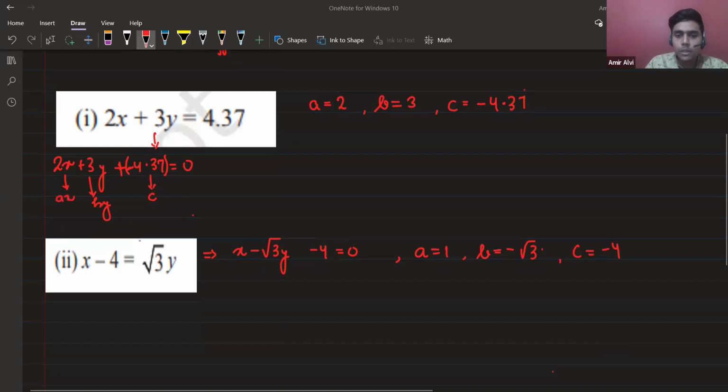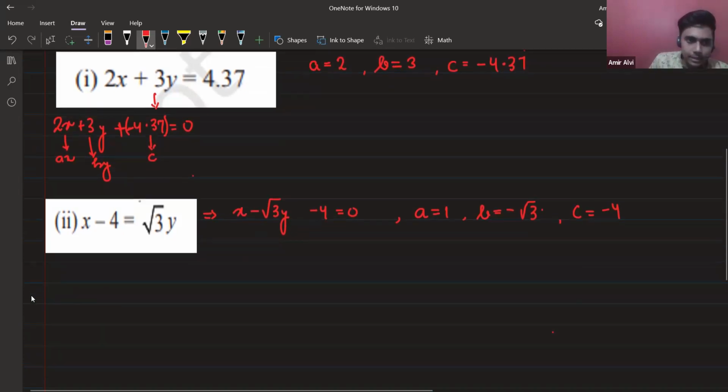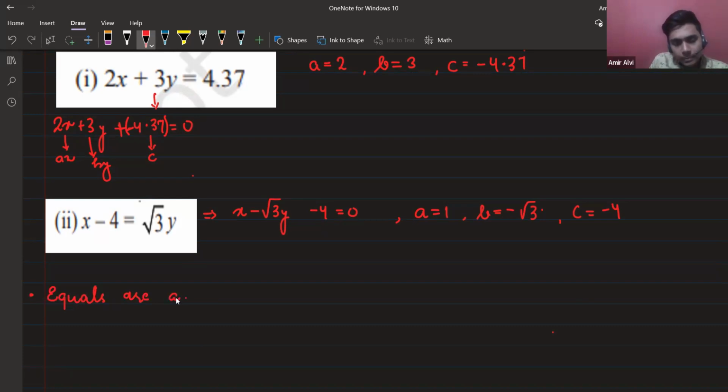So Simrat, some axioms are also used while solving linear equations. Now tell me: equals can be added on both sides. While solving, we can use this axiom as well. There is an equal sign, which means this side and this side are equal.